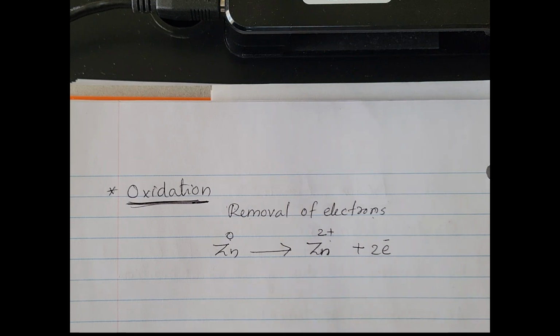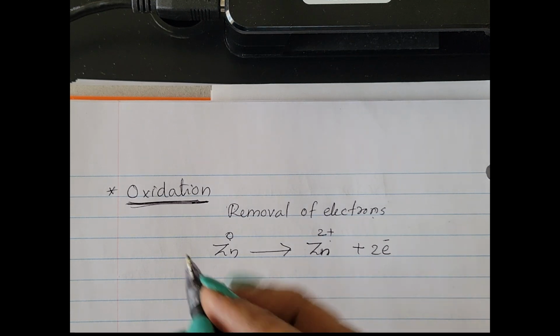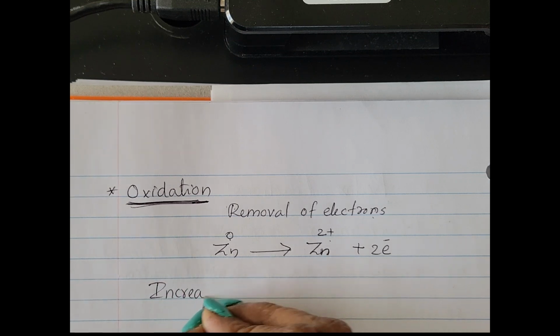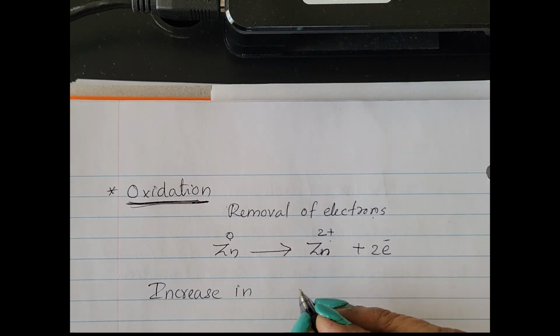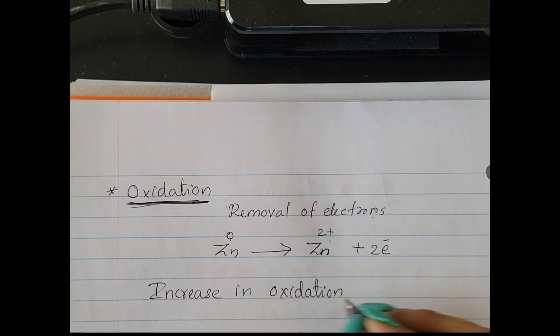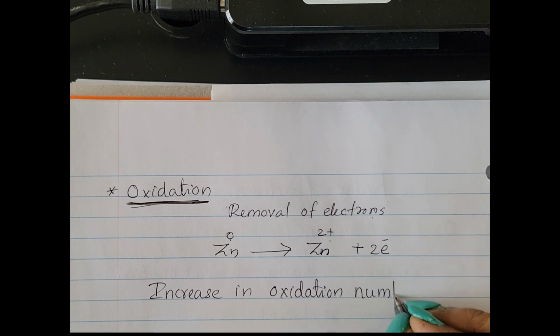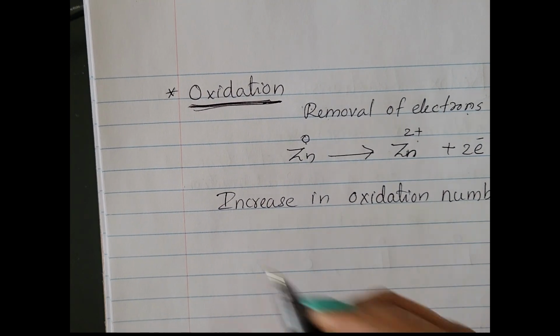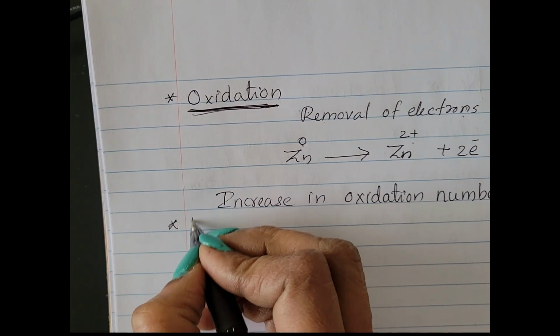+2. Is it increased or decreased? So we can say oxidation is an increase in oxidation number. Okay, now write reduction, which is just the opposite of that.